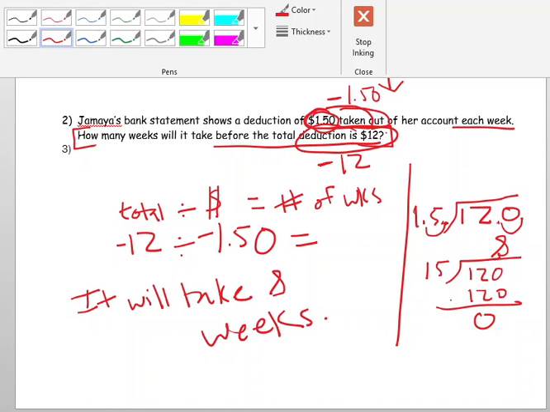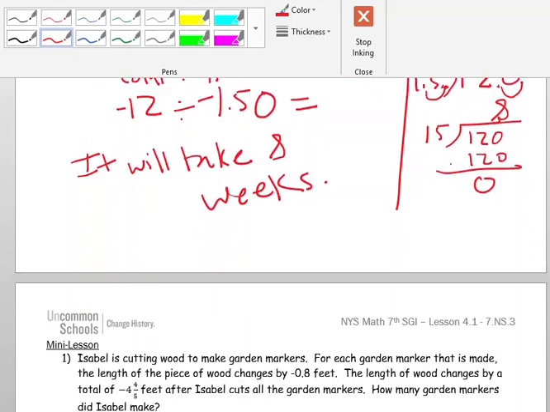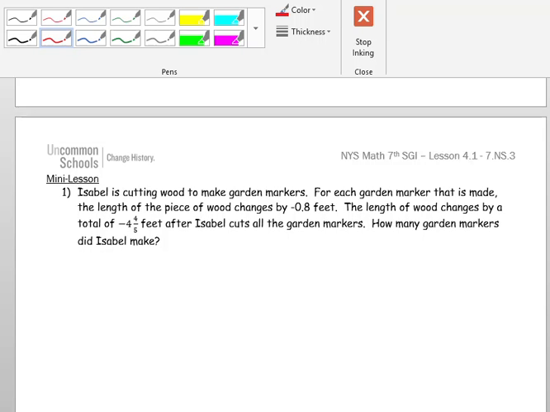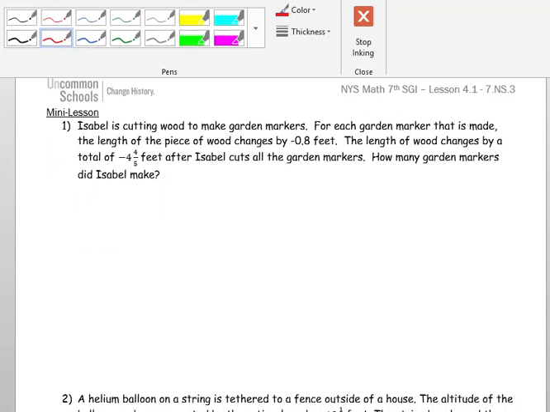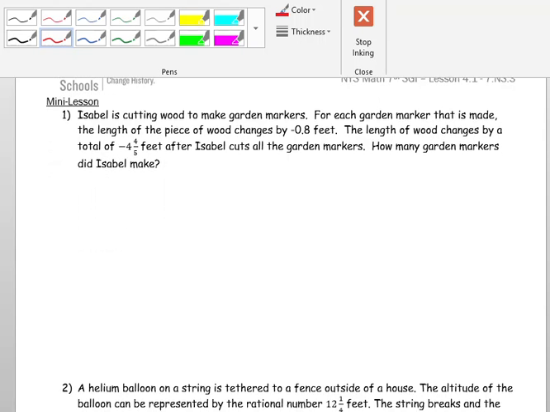Okay, we are going to move on to mini lesson. So let's take a look here. Isabel is cutting wood to make garden markers.